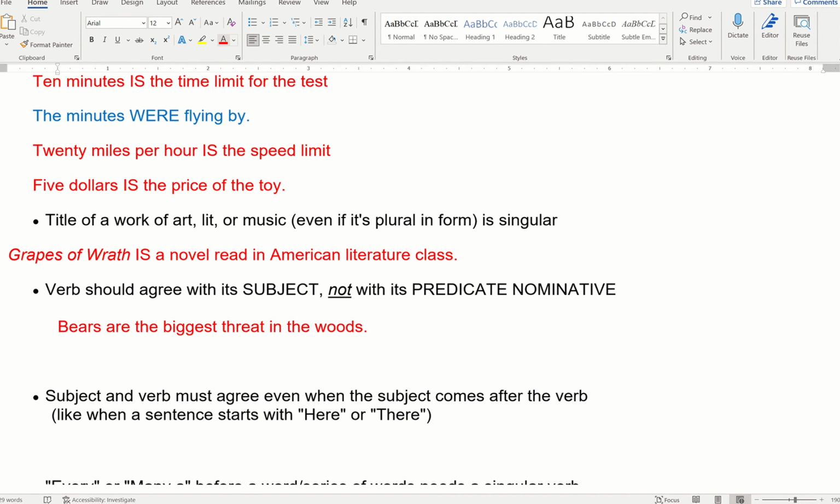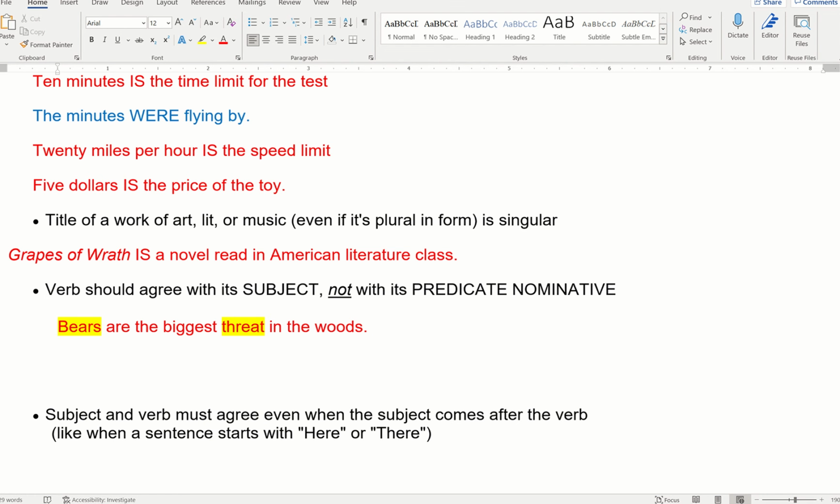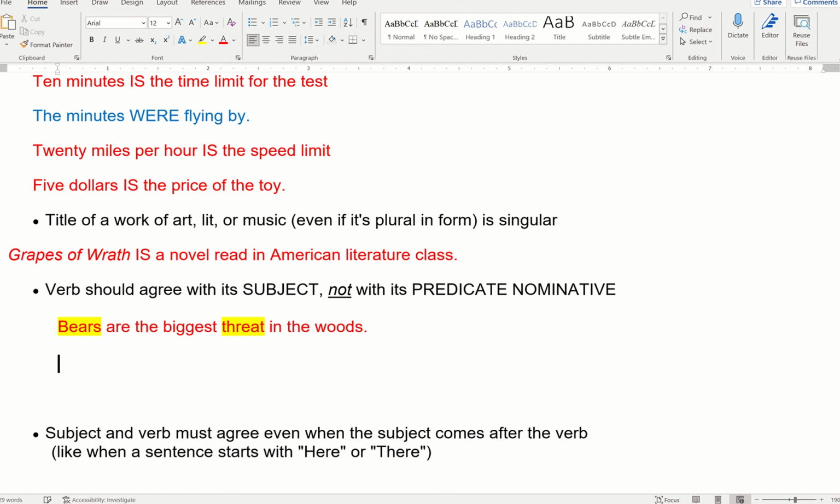That's probably not true, but there it is as an example sentence. Bears is a plural noun. It's the plural subject. Threat here is a predicate nominative. And so then the question becomes, okay, well, what do we want that verb to match up with? Because it's at odds with one or the other. We make it agree with whatever the subject is.